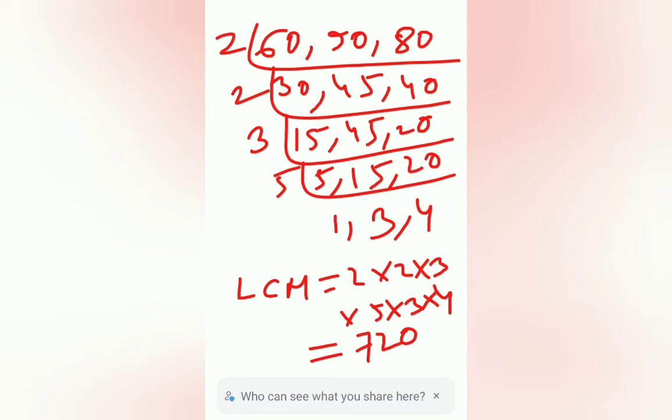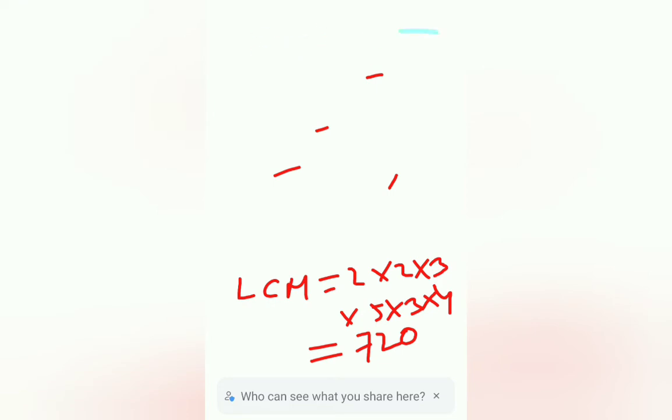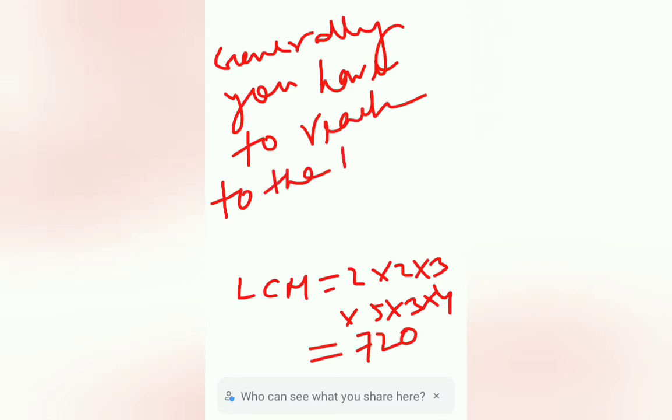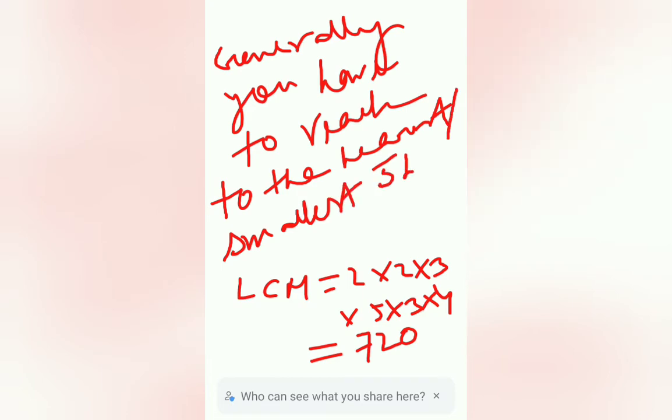But 720 is not a 5 digit number. Literally you have to reach the smallest 5 digit number or the nearest 5 digit number.